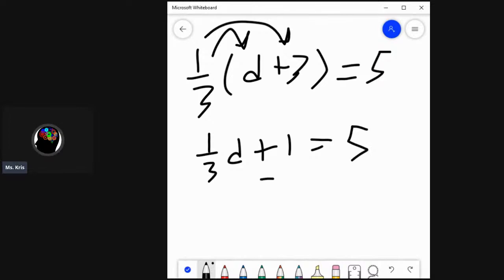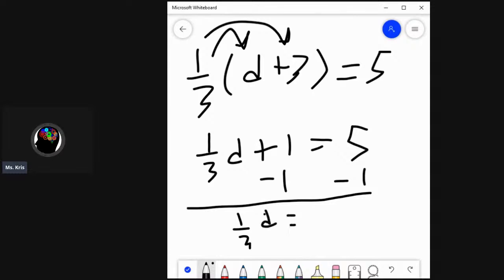And of course, subtract 1 on both sides, and I have 1/3 d equals 5 minus 1, which is 4, multiplied by 3 on both sides, and d is still 12.